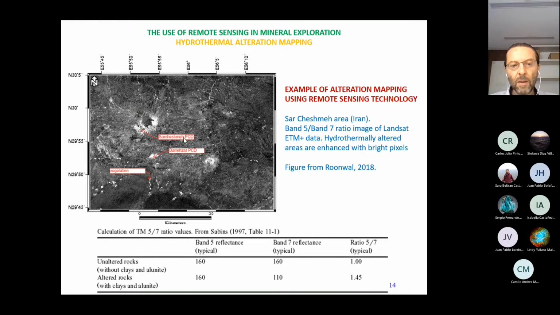So basically, the imaging here would show us a zone where we have altered rocks. So let's say if you start with this area, at least you'd know where to go. Yes, so that's what it helps us with.